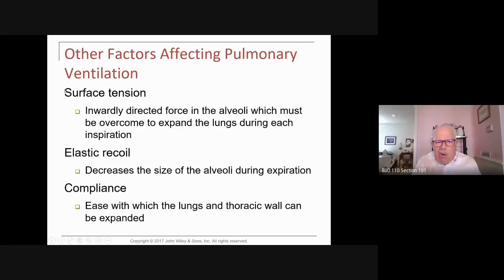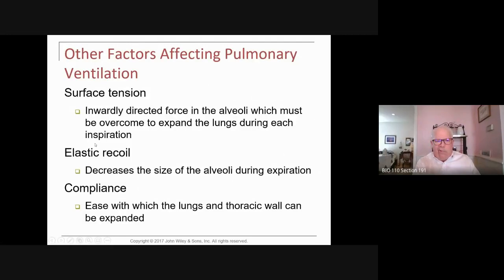This will lower the surface tension, allowing the alveoli to expand during inspiration. And when you exhale, the alveoli will not collapse because of the surfactant produced by the alveolar type 2 cells.